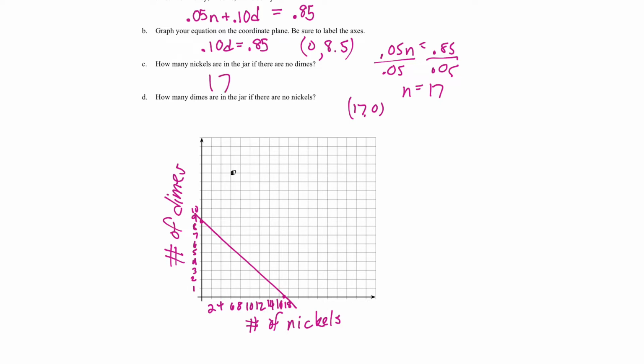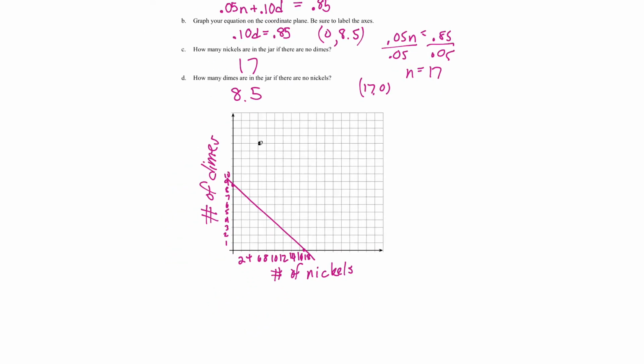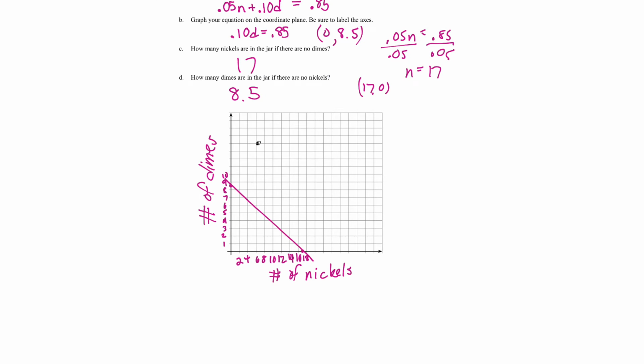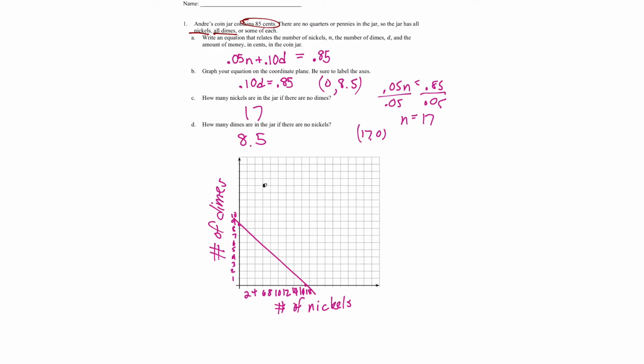And then we found that here there would be 8.5 dimes in the jar if there are no nickels. Now, remember that we can't have half a dime, so really there could be no exact option where there are no nickels. There would have to be at least one nickel, so we could have 8 dimes and 1 nickel, and that would work out.